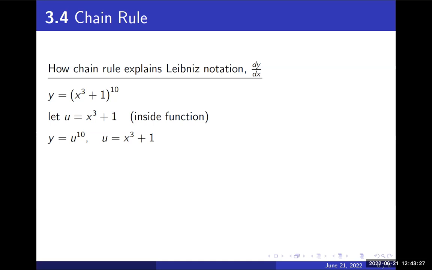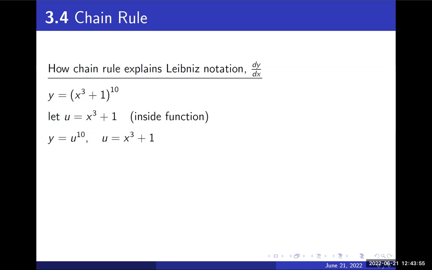So if u equals x to the cube plus 1, he'd say, okay, y equals u to the 10th. It's like being substituted. And of course, u equals x to the cube plus 1. So the two of those together make the original function. And here we can really clearly see the outside function, u to the 10th, and the inside function, x cubed plus 1.